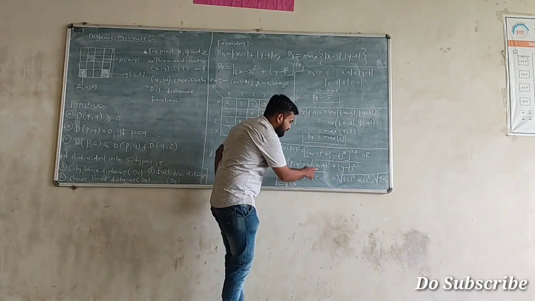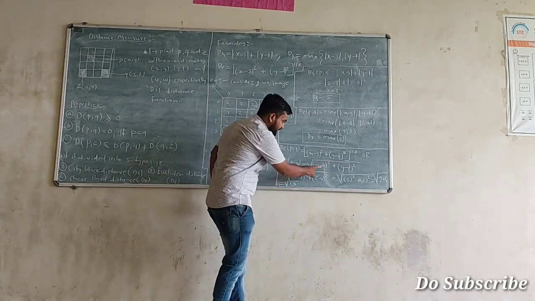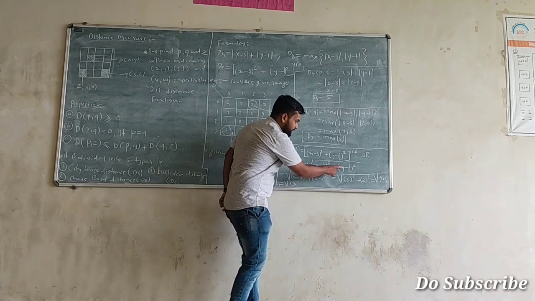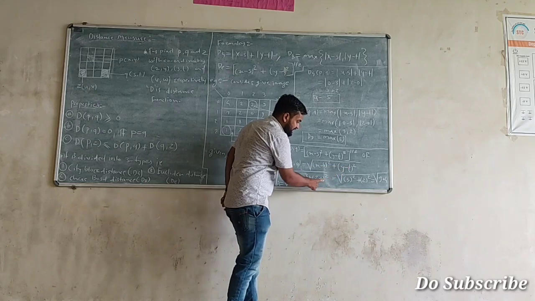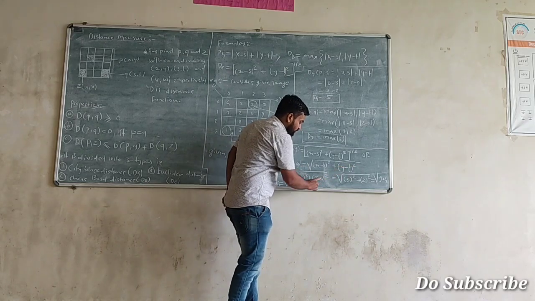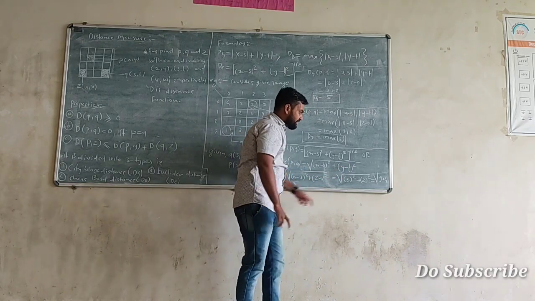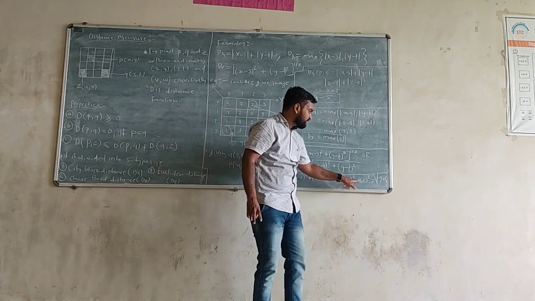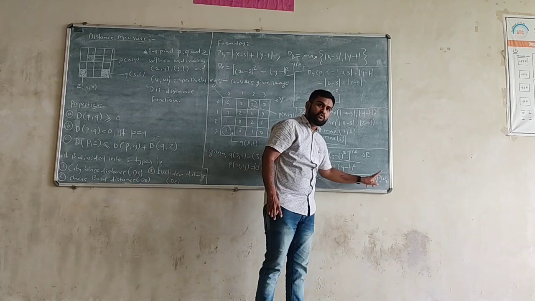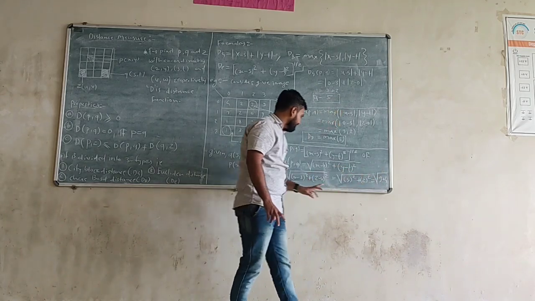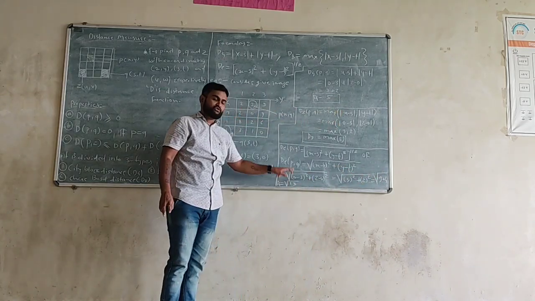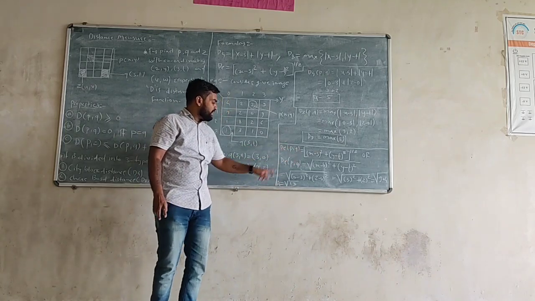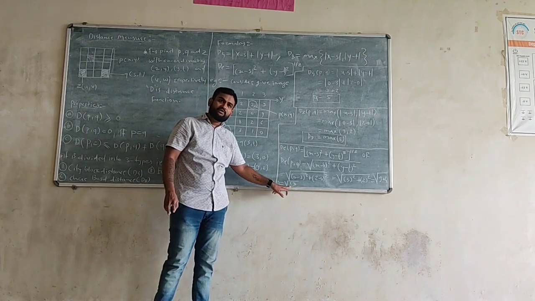The value of x is 0, value of s is 3. So 0 minus 3 square plus the value of y is 2, value of t is 0 square. So 2 minus 0 square is nothing but 2 square, and 3 square. So the addition is nothing but 9 plus 4. Okay, so 9 plus 4 is under root of 13. So the Euclidean distance between P and Q we have found as the under root of 13.